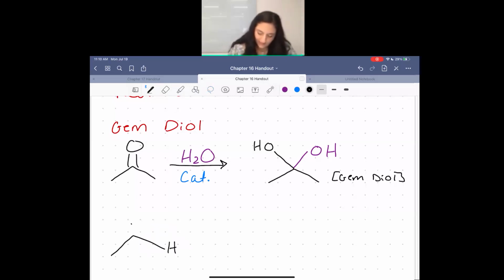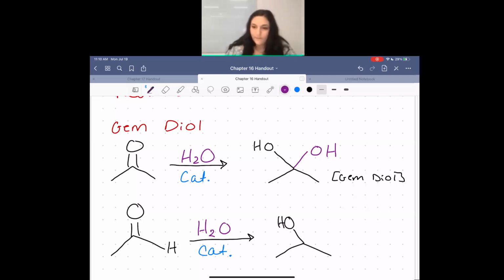So if we were to do this with an aldehyde, what would be the difference in the reaction? What do we think? True, we would have one extra hydrogen here. So I kind of made it a little bit tricky by drawing this nice little normal arrow, but we know that these are both at equilibrium, right?